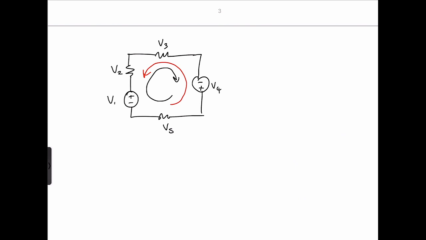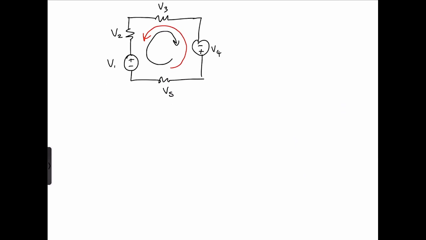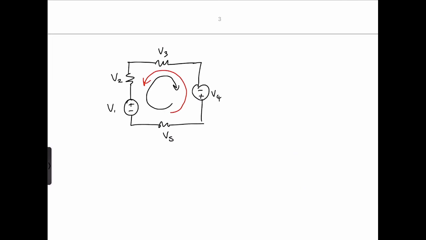So we can then go ahead and apply KVL and see how the mathematics relate to the statement. So if we write the polarity for the voltage as plus to minus, and those are chosen by us, so if we write those plus to minus, and plus to minus, we can then go ahead and write the expression for that.